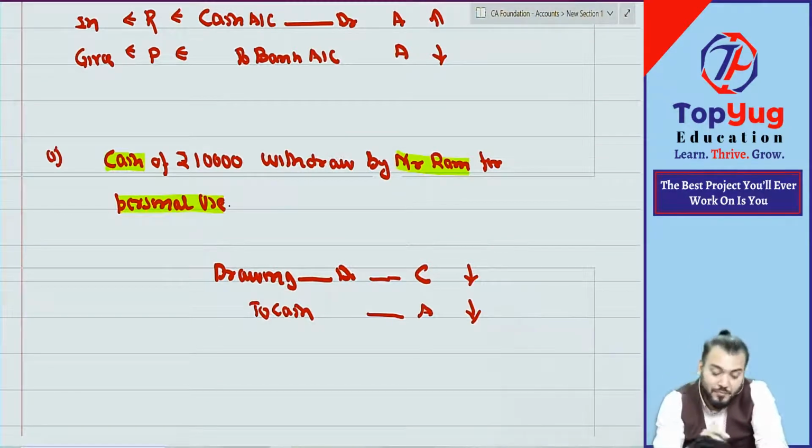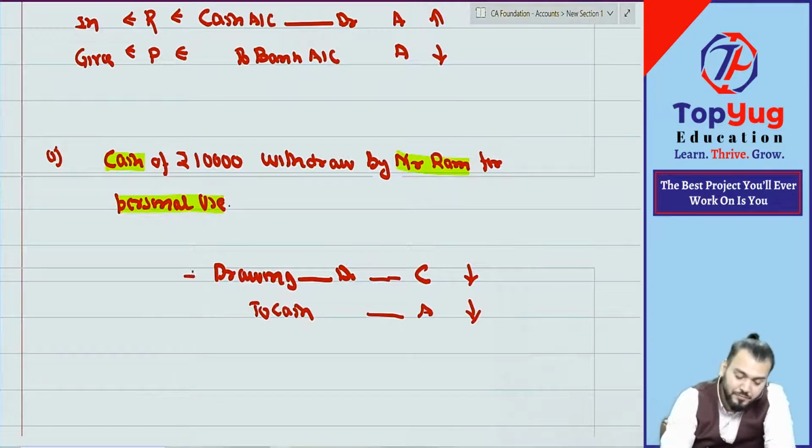Drawing account. Applying what? Traditional. But the drawing is what? Personal account. Cash is what? Real account. So here Ram is receiver or giver? Receiver. Debit the receiver. And cash is going out.